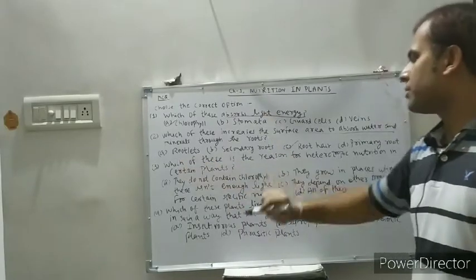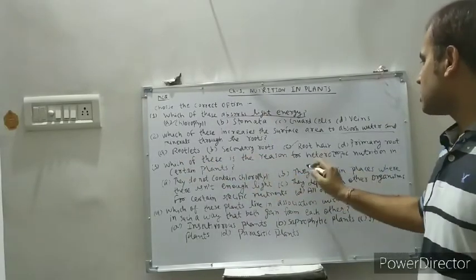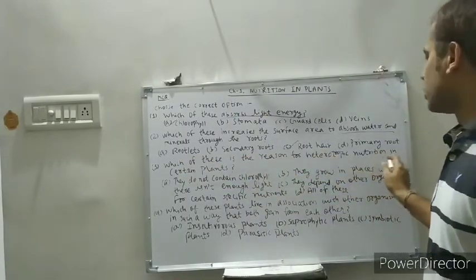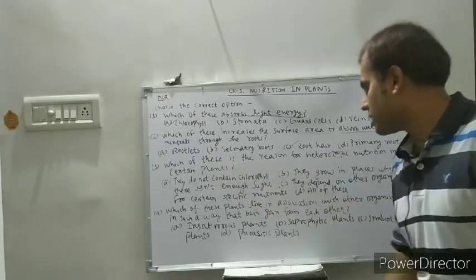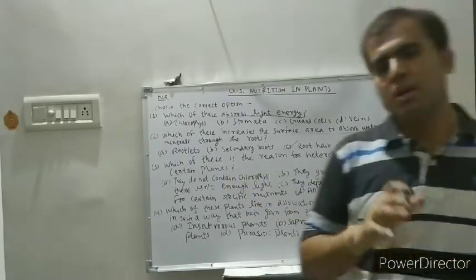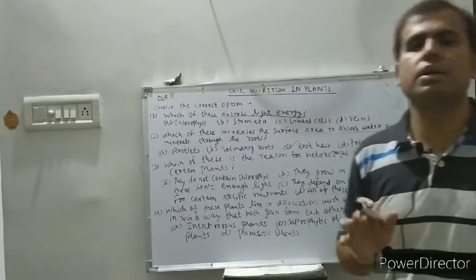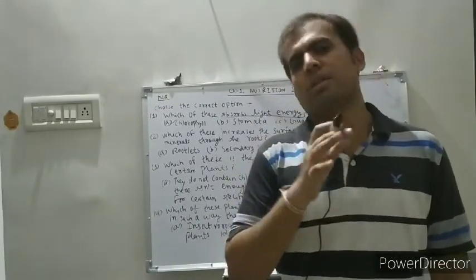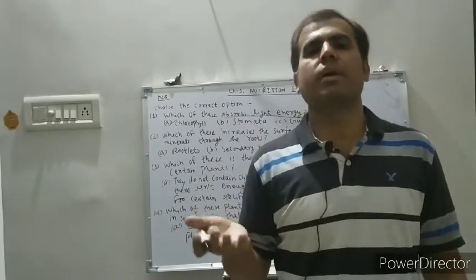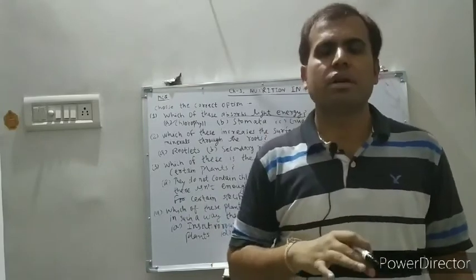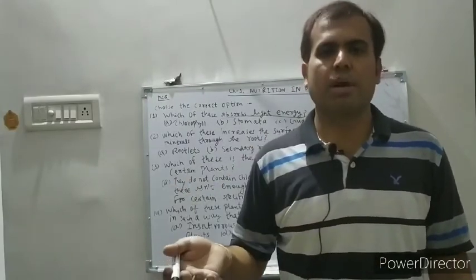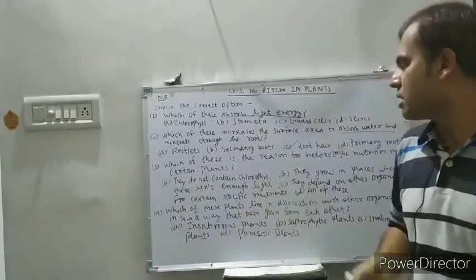Now third question, which of these is the reason for heterotrophic nutrition in certain plants? See, heterotrophic plants do not make their food themselves. They depend on other plants and animals.